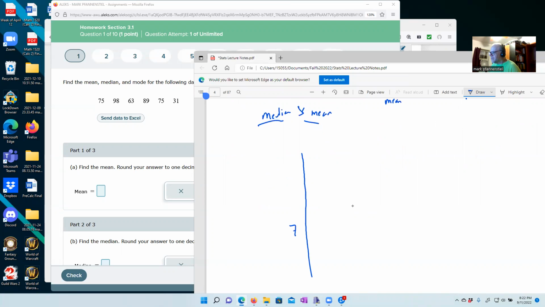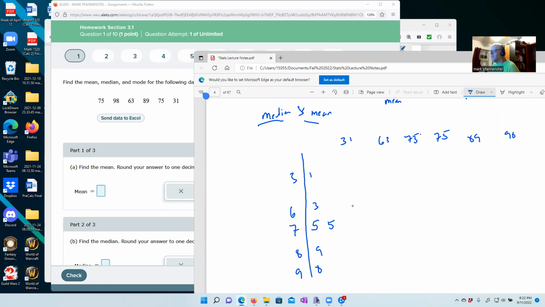So what I'm going to do is say, okay, I've got 75, I've got a 98, I've got a 63, I've got an 89, I've got another 75, and I've got a 31. So I'm going to put these in order because we're going to need that for our median. Okay, it's 31, 63, 75, 75, 89, and 98.